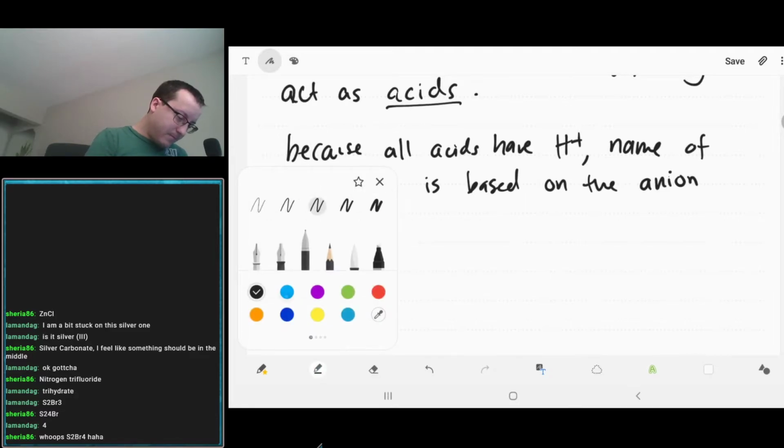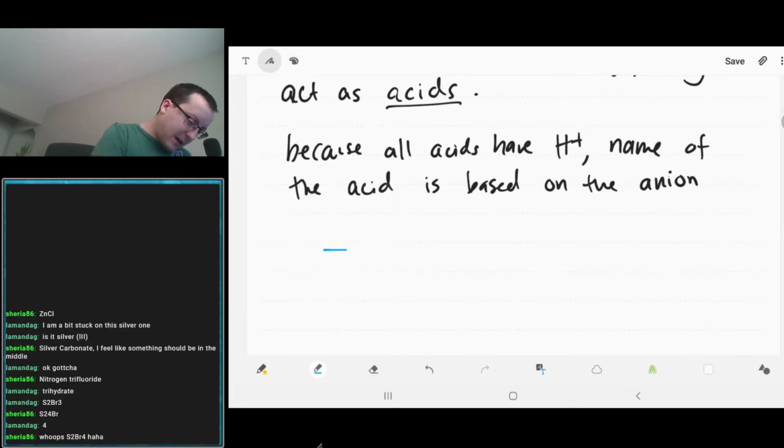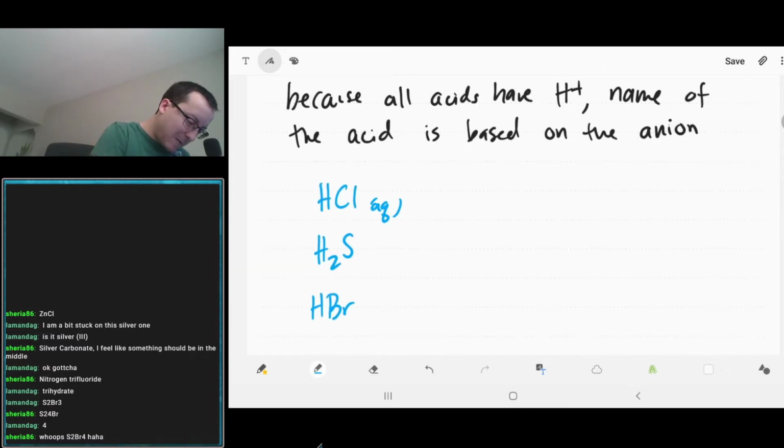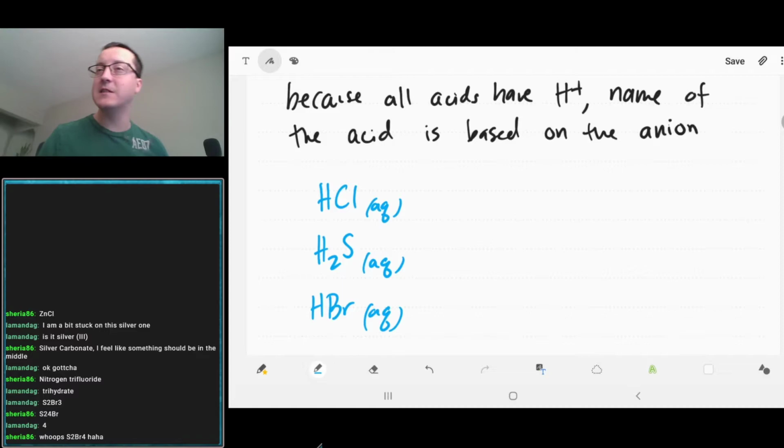And so, if we go ahead and do a couple of examples, if these guys are aqueous, we're going to name them as acids. And for right now, I'm just going to give you examples with their names, and we're going to figure out what the pattern is for naming these.